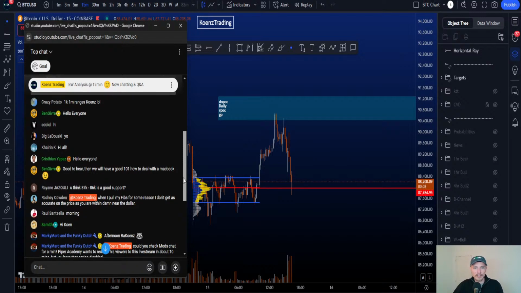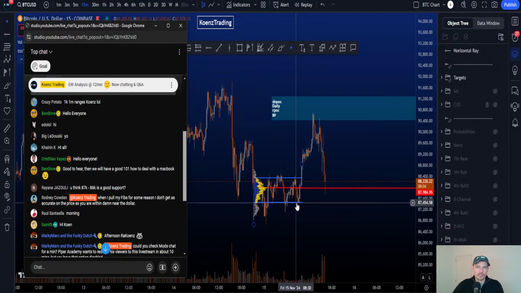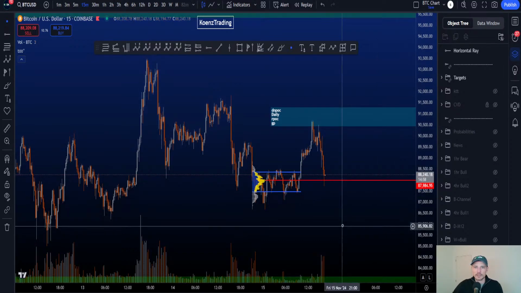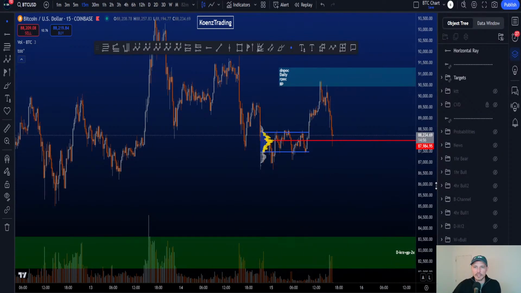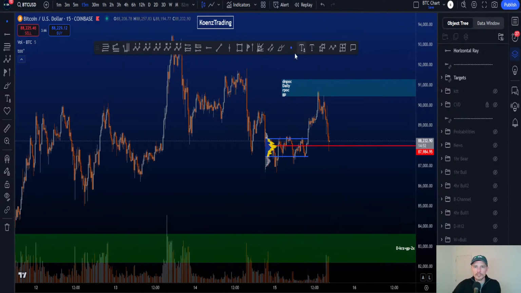You think 87, 86 is good support? Well, a previous range, a previous structure always helps, but that is the only thing that really keeps price afloat in the 87 area. So you have the point of control. Price is moving down.